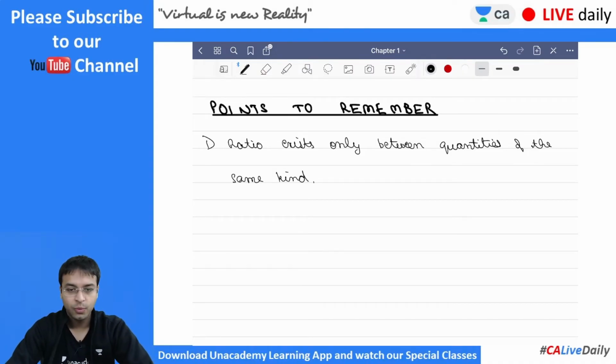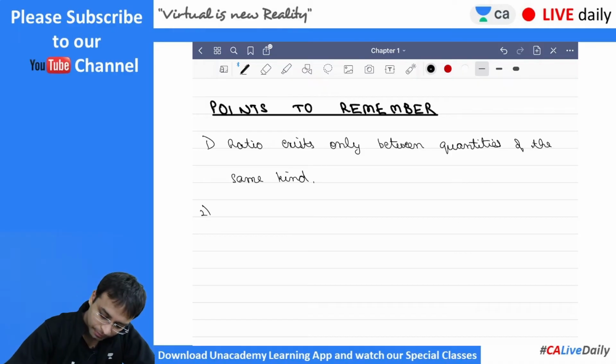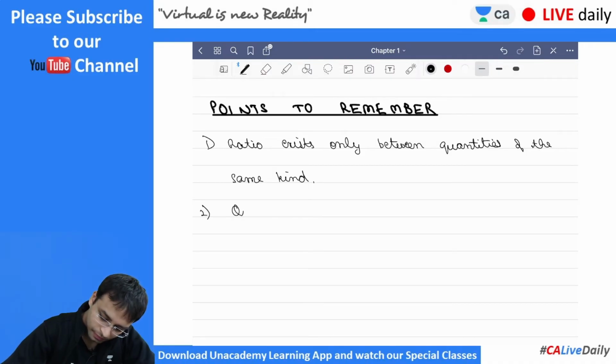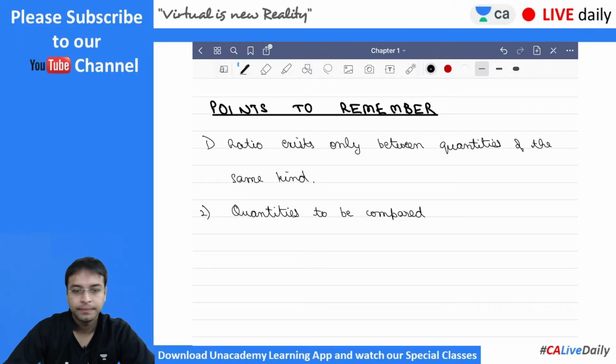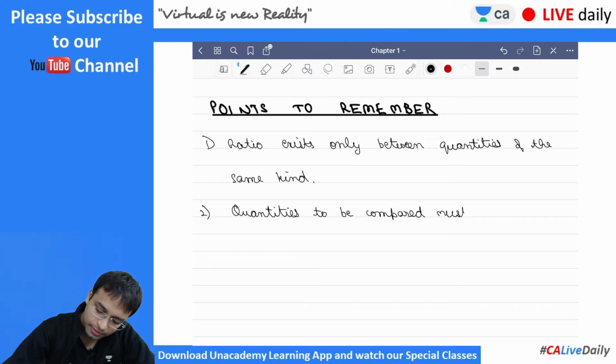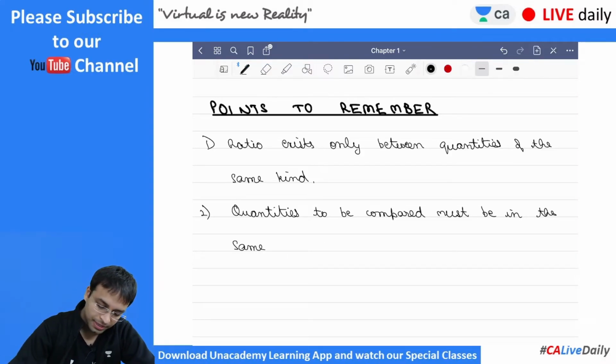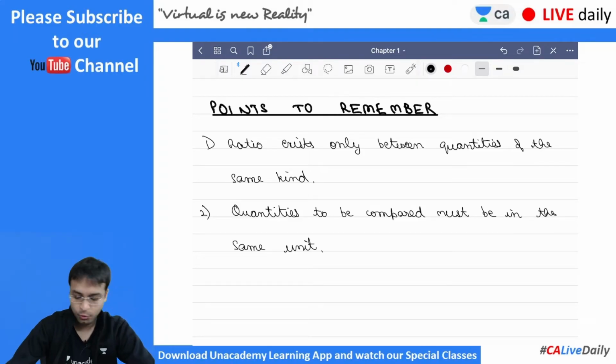Second point: quantities to be compared must be in the same unit, not units.